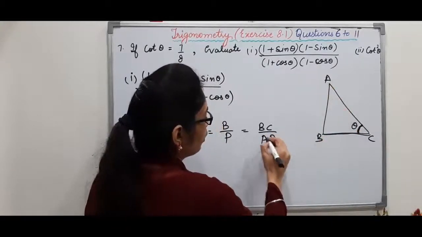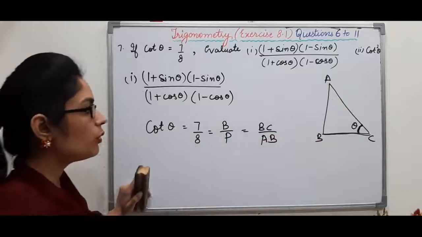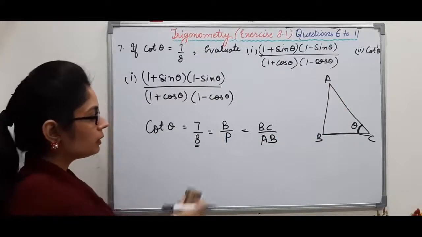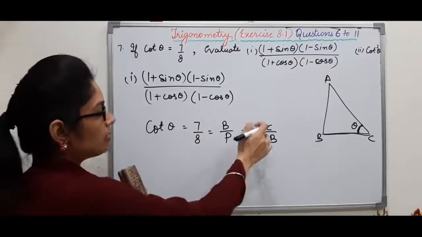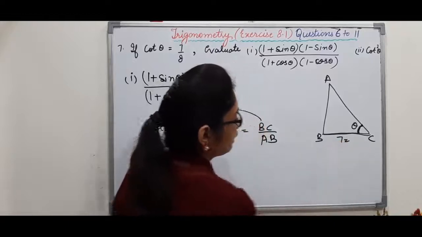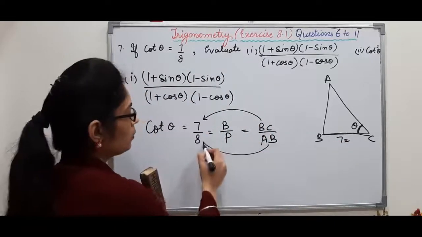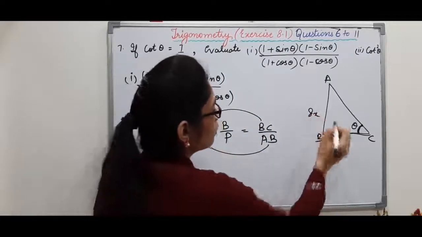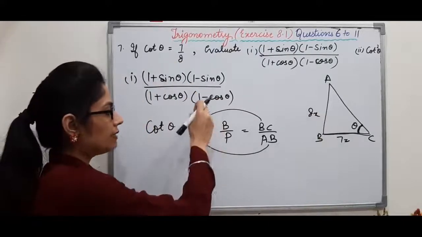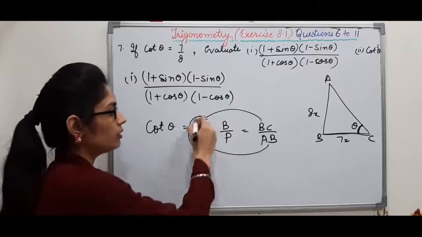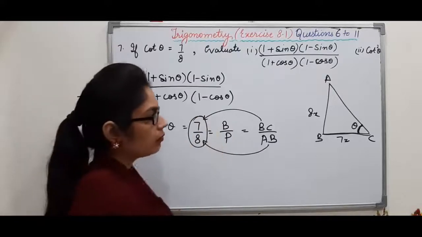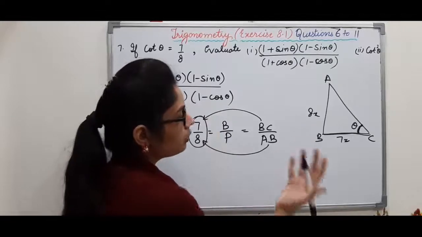So BC upon AB. I have already explained that if a ratio is given to you, you just assume the sides. Let BC equal 7x and AB equal 8x. Don't assume directly 7 and 8, because ratios are given to us, not direct values.